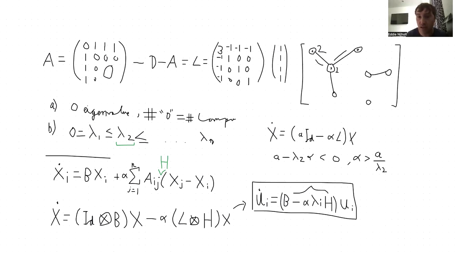But heuristically, when you turn on alpha, you make it go from 0 to non-zero and you make it increase. Then the first time that this hits some kind of a critical value, well, the important values are of course the extremes, so the lowest value of lambda i and the largest value of lambda i.